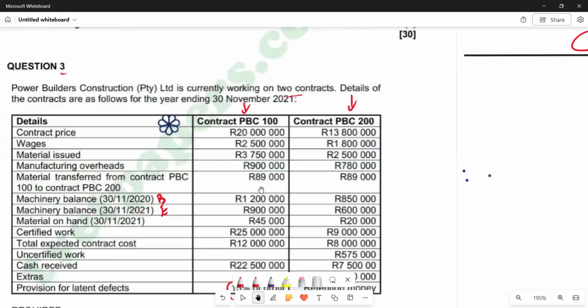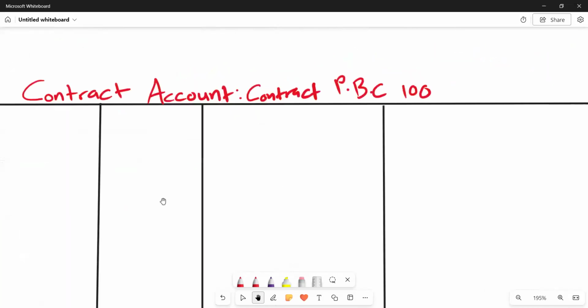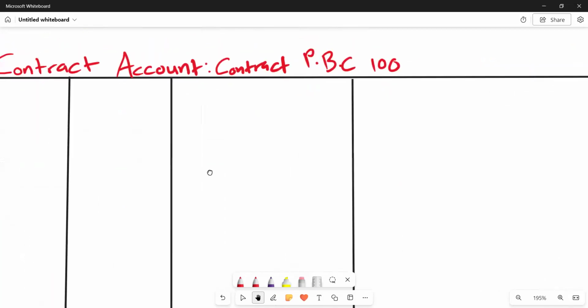Remember, we are looking at contract PBC, and we start from the contract price, which is 20 million. Our contract price goes to the credit side, so we transfer it to the credit side, and the amount that we have is 20 million.